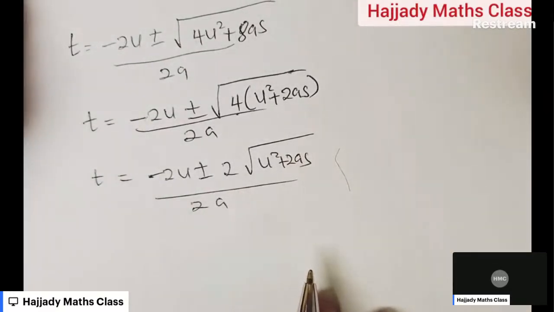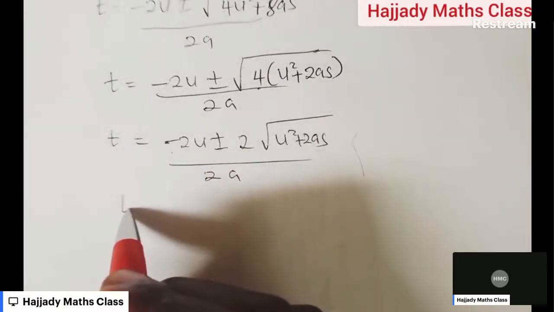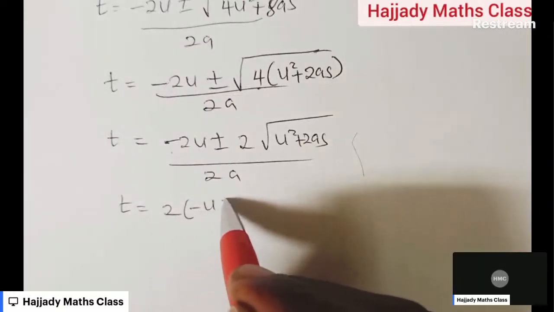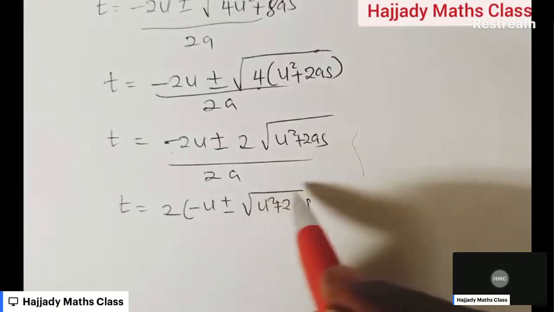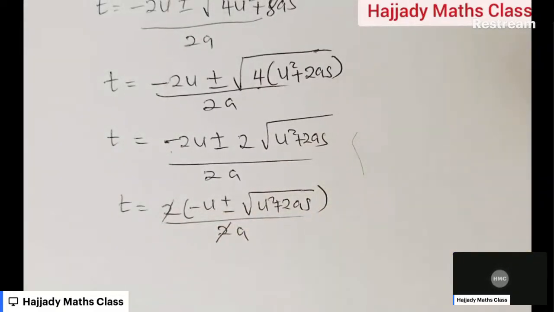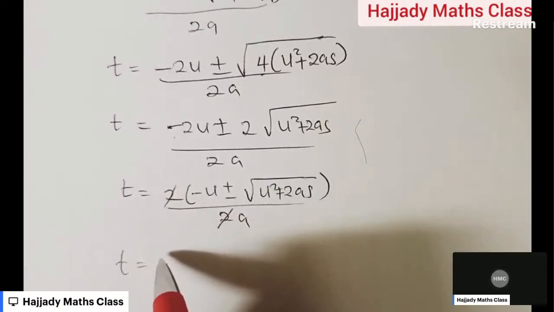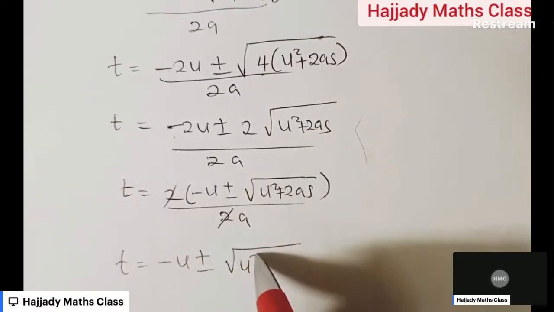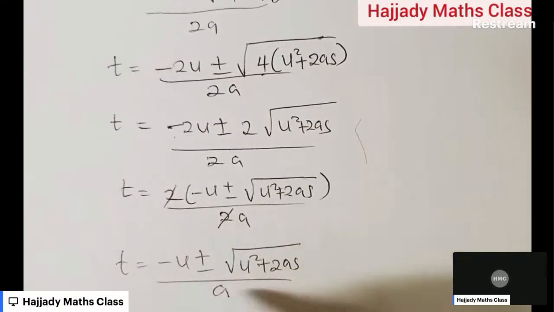From this, it is very obvious that 2 is common to both terms here, so t equals 2 into a bracket: minus u plus or minus root u squared plus 2as, all over 2a. 2 cancels out 2. And finally, you can say that t equals minus u plus or minus root u squared plus 2as, all over a.